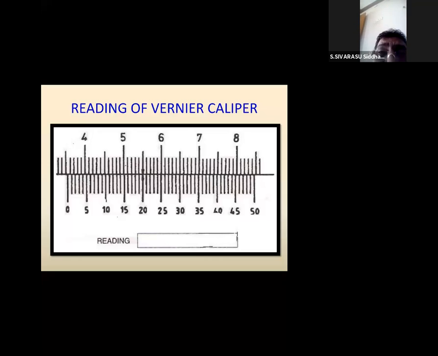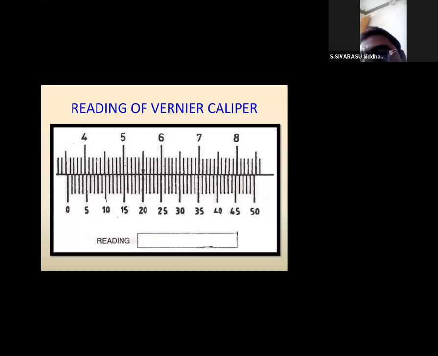After the 35th division of the main scale, the vernier scale division 0 begins. So you have to take 35 main scale divisions, that is equal to 35 mm.